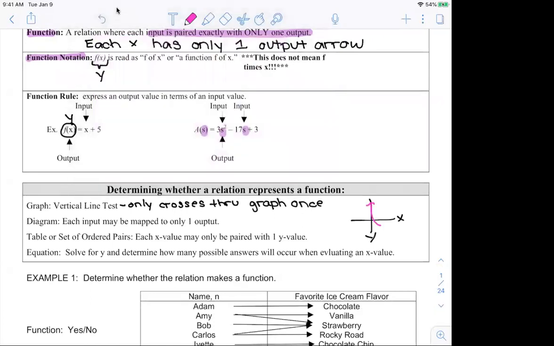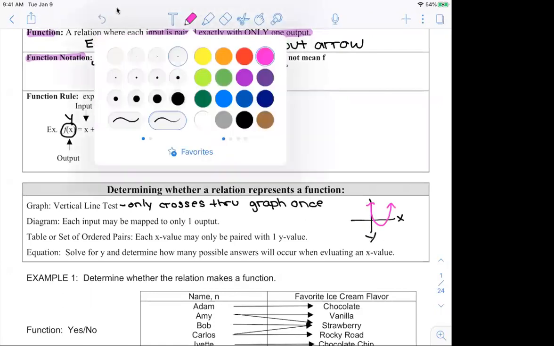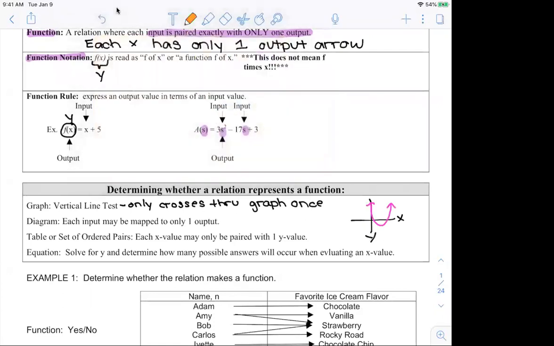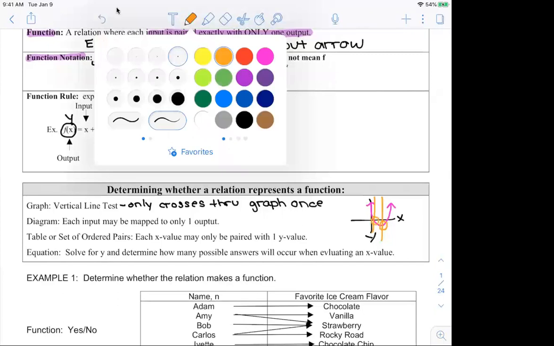If this is your graph, this is a function, because that's what the question is, determine whether it's a function, as long as it passes the vertical line test. So when you draw a vertical line, does it only cross at one spot? Yes. And no matter where you draw that vertical line, it will only cross the function at one spot. So that would be a function.